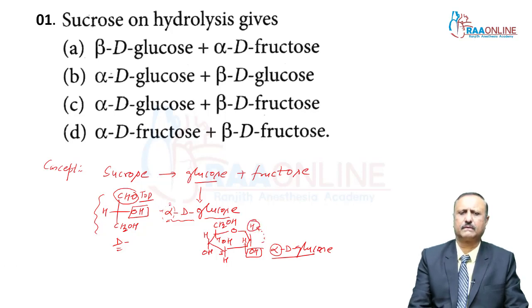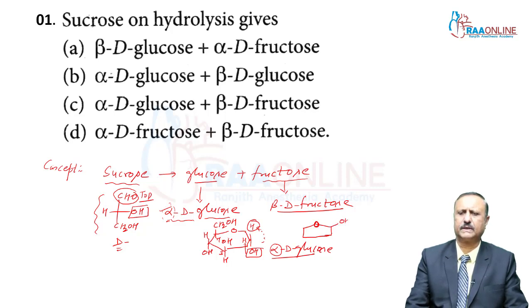My dear students, when sucrose is formed, this alpha D glucose reacts with fructose. What is the fructose? It reacts as beta D fructose. When you see the cyclic structure formula of beta, oxygen is present and 1, 2, 3, 4 carbon atoms are present.